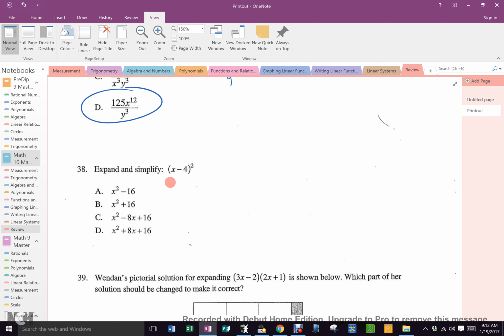Almost everyone in this room is going to say it's A or B. But it is C. Because what's that? X minus 4 times X minus 4. Negative 4 minus 4 is negative 8. Negative 4 times negative 4 is positive 16.